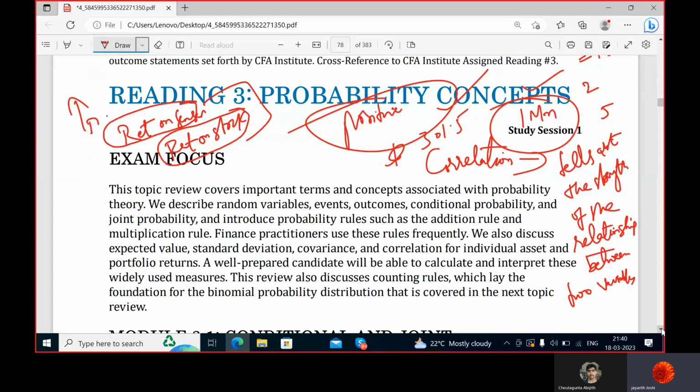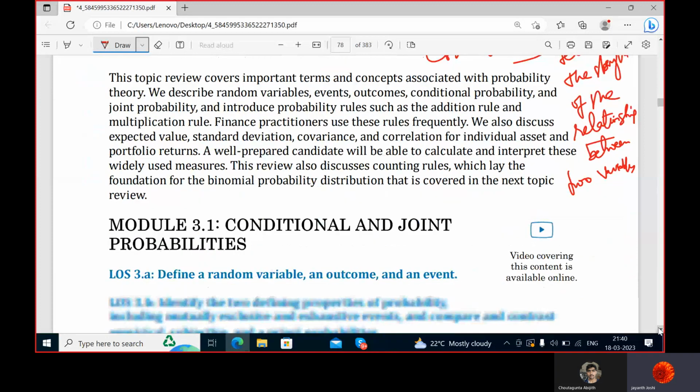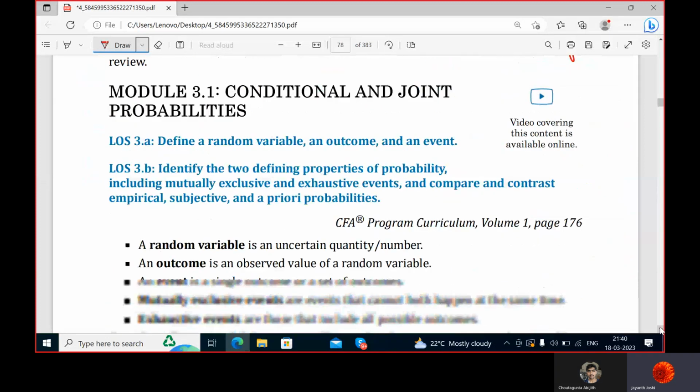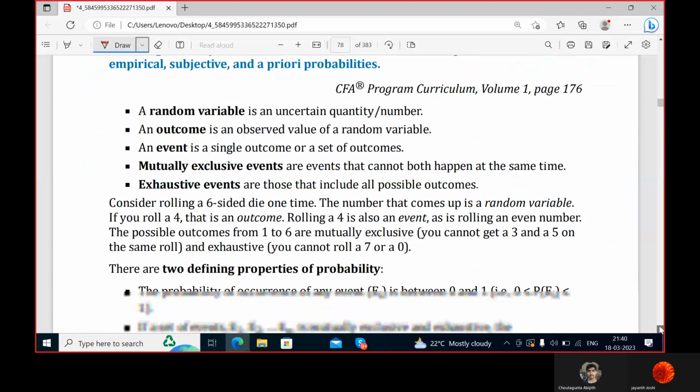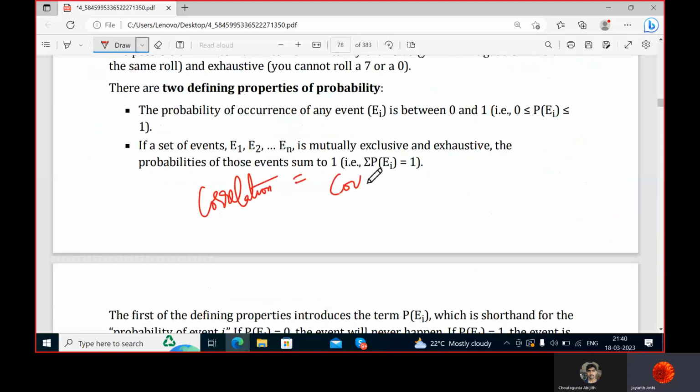Okay. So let's say what I'm doing for correlation is, so correlation is what? Correlation is covariance of these two variables x and y divided by standard deviation of x into standard deviation of y. Just make a note of this.